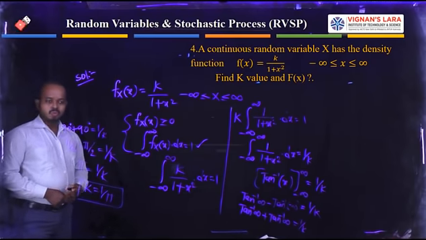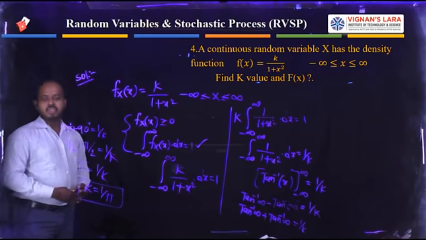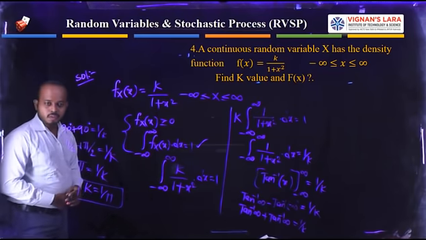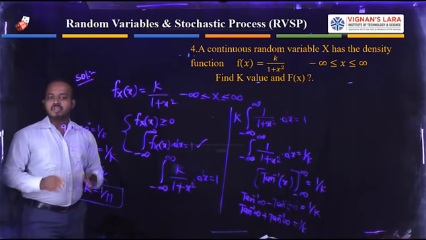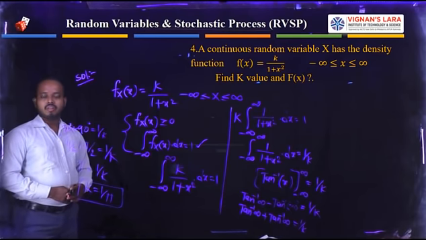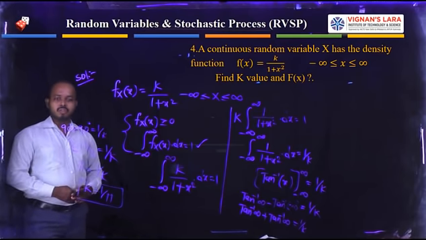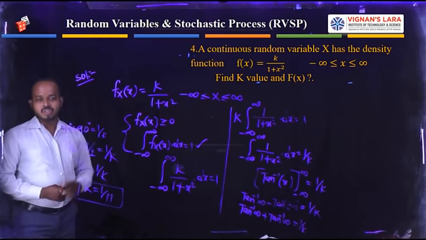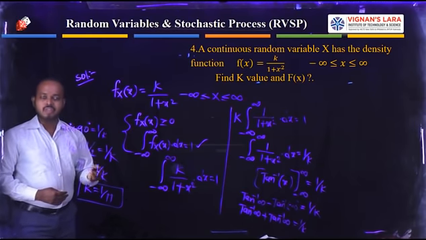Now that we have found the k value, we can easily find the distribution function. What is the relation between density and distribution function? We already know that the distribution is the integration of the density function.